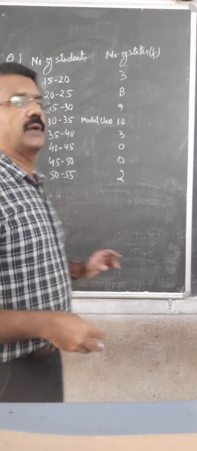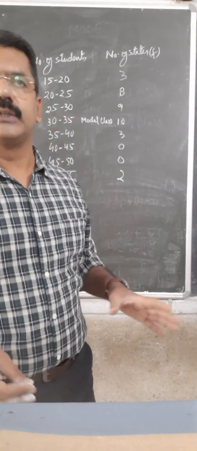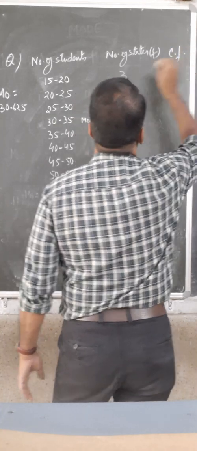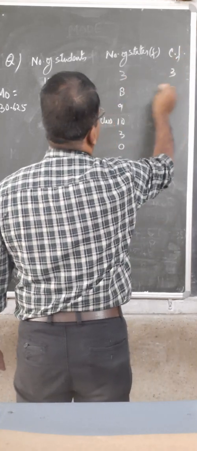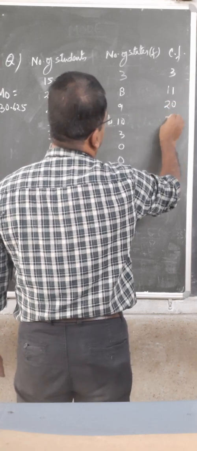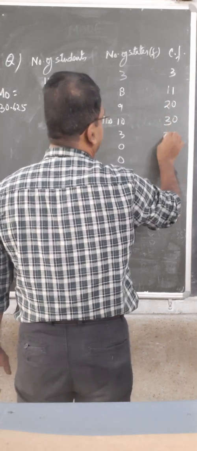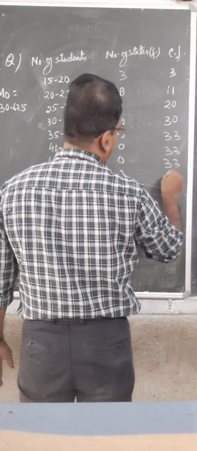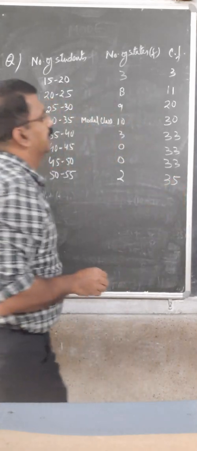Now you know, to find the median we need the cumulative frequency. So first of all you write down the cumulative frequency, that is 3 plus 8 is 11, 11 plus 9 is 20, 20 plus 10 is 30, 30 plus 3 is 33, then again 33, then again 33, and then 35.